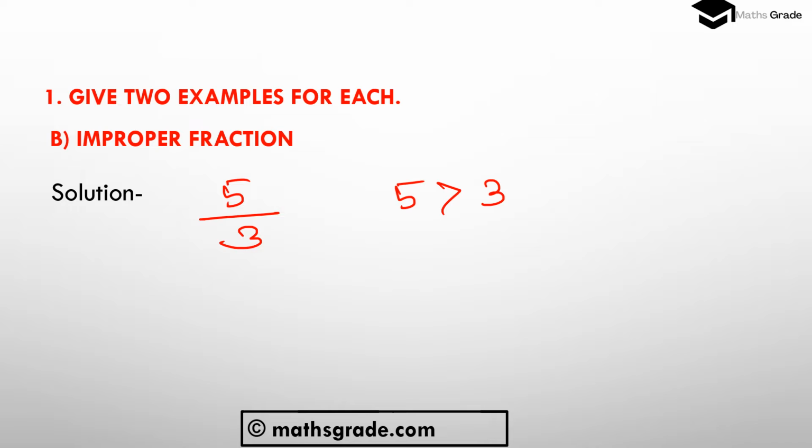So this is an example of an improper fraction. Now the second example: suppose the numerator is 7 and the denominator is 2. Here numerator 7 is more than the denominator 2, so this is also an example of an improper fraction. So two examples of improper fractions are 5 divided by 3 and 7 divided by 2.